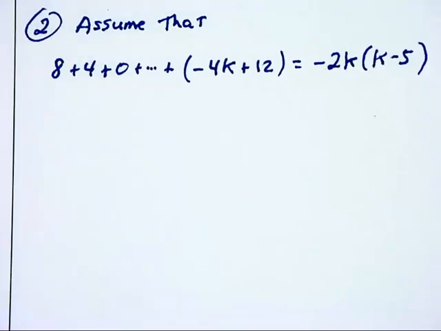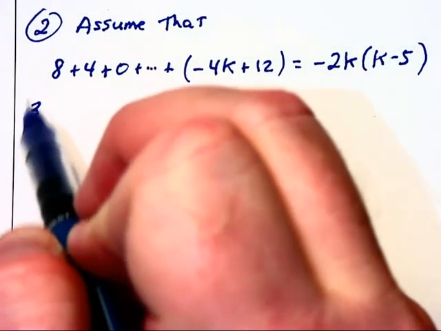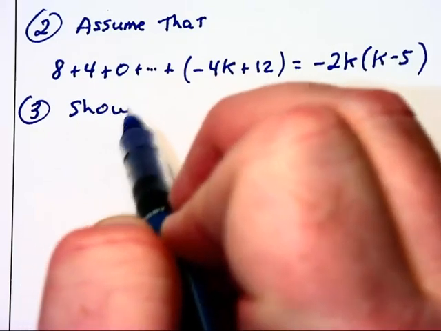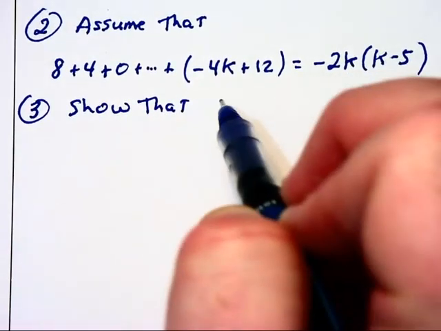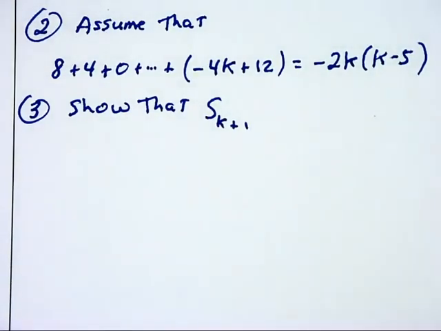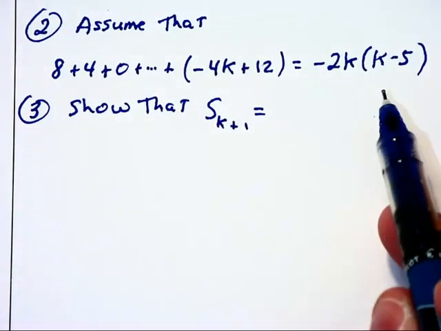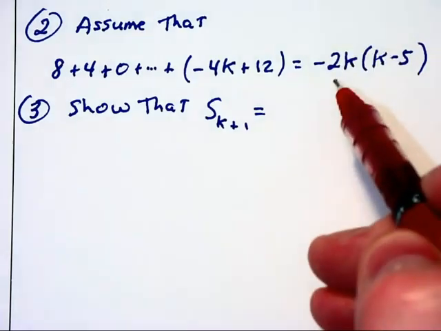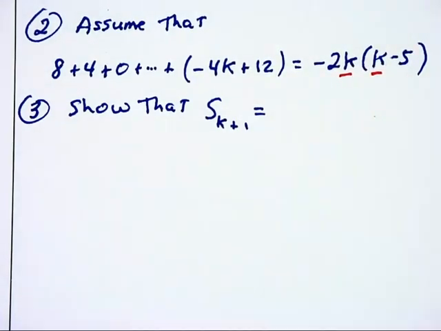We don't doubt it. Based upon this now, we want to show that s sub k plus 1, when you add on the k plus first term, that this formula should work. In other words, where these k's are, we should have k plus 1s.